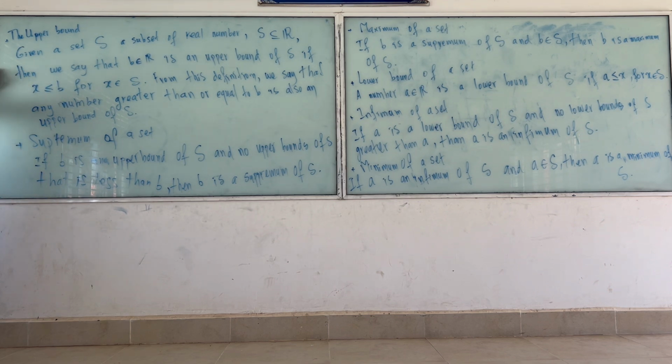As I told you, any proper subset of real numbers is bounded, so it is bounded below and bounded above. Any subset can be equal to the real numbers, so I say proper subset.